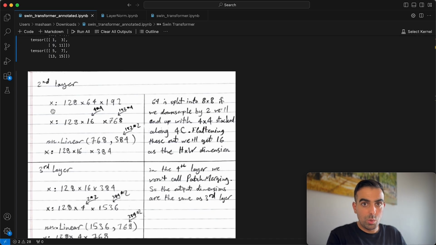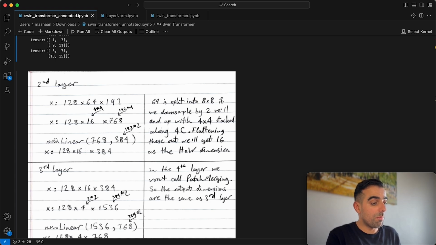In the second layer, we will start with a multidimensional array of size 128 images by 64 patches by 192 channels. These 64 is 8 by 8, and if we downsample them by 2, it will be 4 by 4. So we will have 16 patches. And if we stack these along the channel dimension, we will have 192 times 4, which is 768.